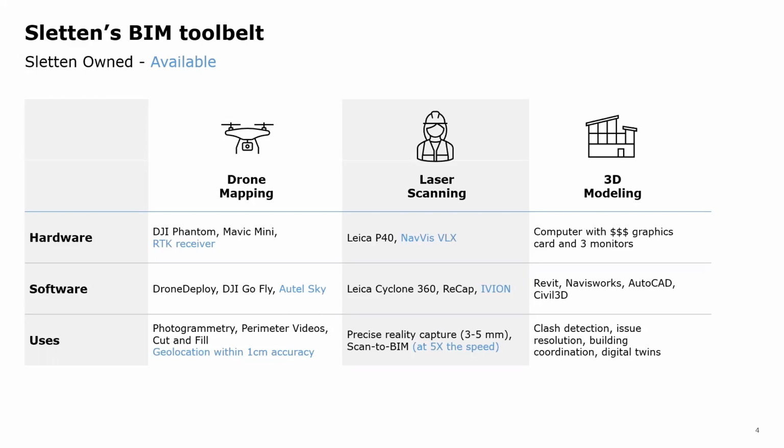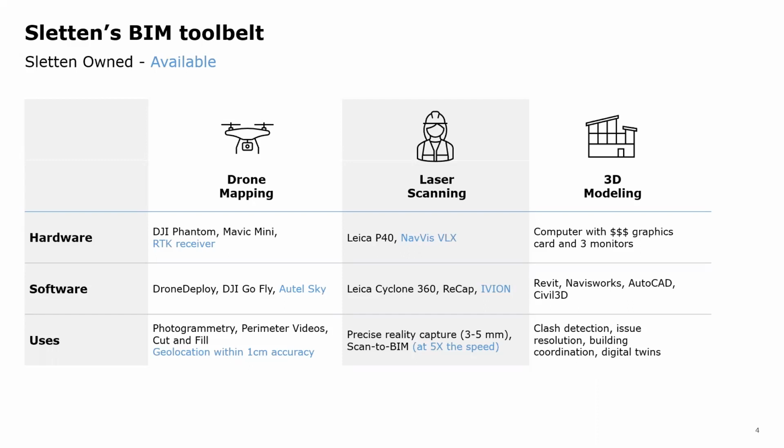The software that we use is the Leica Cyclone Register 360 as well as Recap, and that'll get us between 3 to 5 millimeters of accuracy depending on how far apart your scans are, and then scan to BIM. So if we were going to do a TI and say the duct was going to stay, we could scan everything that was existing, put it in the point cloud, load it up to Navisworks, and then model around that and coordinate around it.